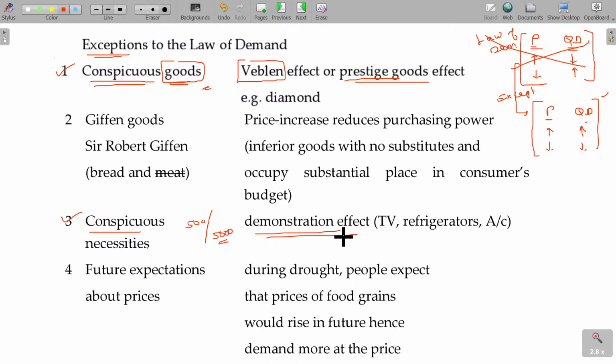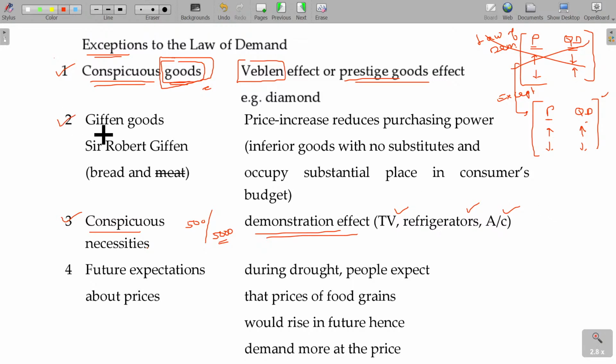You want to demonstrate that I have the fine TV, branded refrigerators and high-cooling air conditioners. All these things are called conspicuous necessities. There is a slight difference between conspicuous goods and conspicuous necessities. Here the good itself is a luxury and prestigious good. Here you want to show, but sometimes later the price may go down. No problem with that.